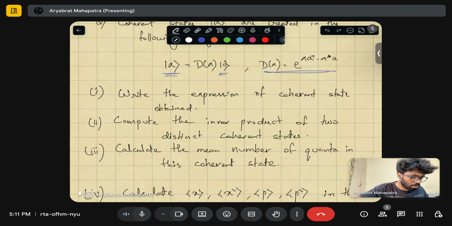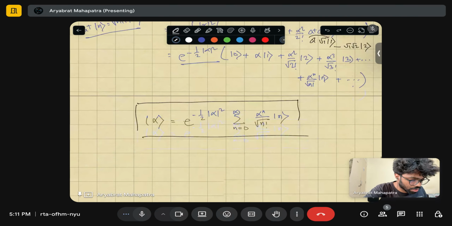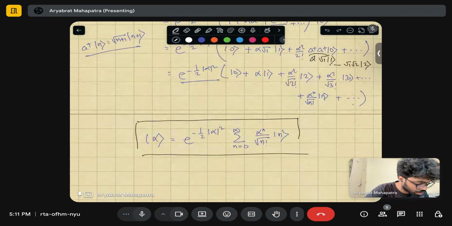First we saw how we can construct these alpha coherent states. The coherent state that we found contains an indefinite number of quanta, which we began with at the start of this session.